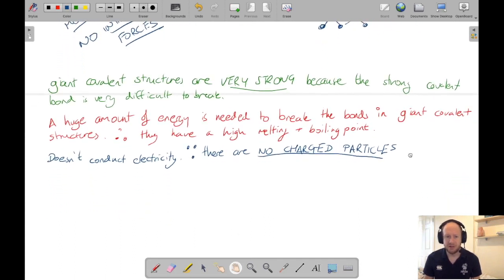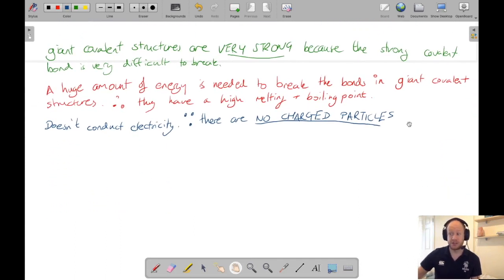However, there are a couple of exceptions that are on the GCSE syllabus. You will need to know about graphite and graphene. These are two forms, or allotropes, of carbon that can conduct electricity. They're the only ones that can.